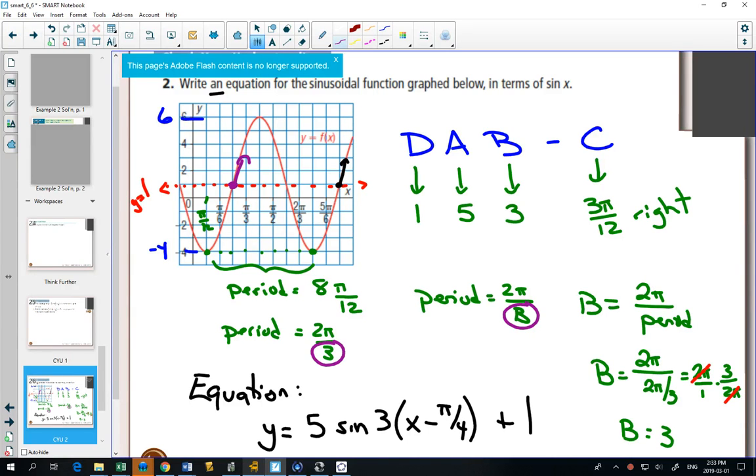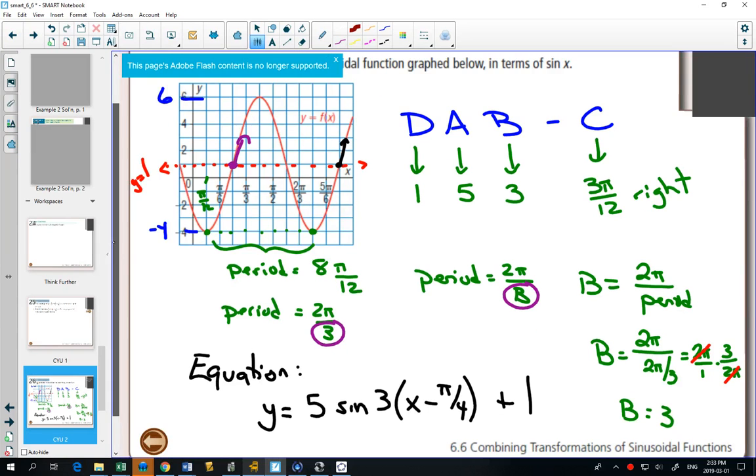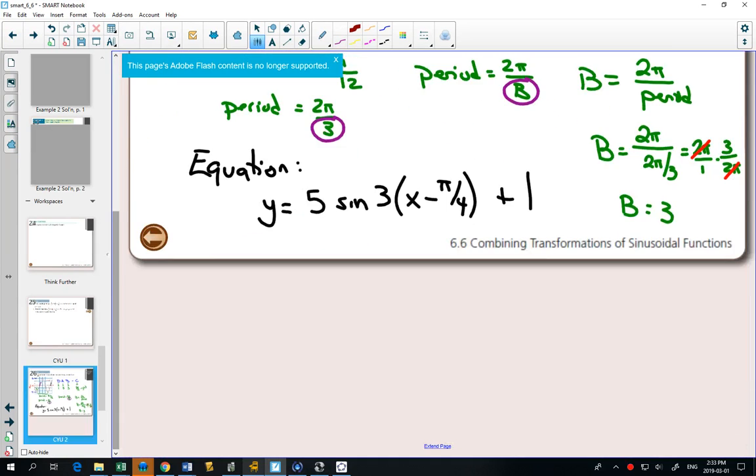How much would that have been? 1, 2, 3, 4, 5, 6, 7, 8, 9, 10, 11 pi over 12 to the right. So another possibility, or could have been almost identical, but going 11 pi over 12 to the right.